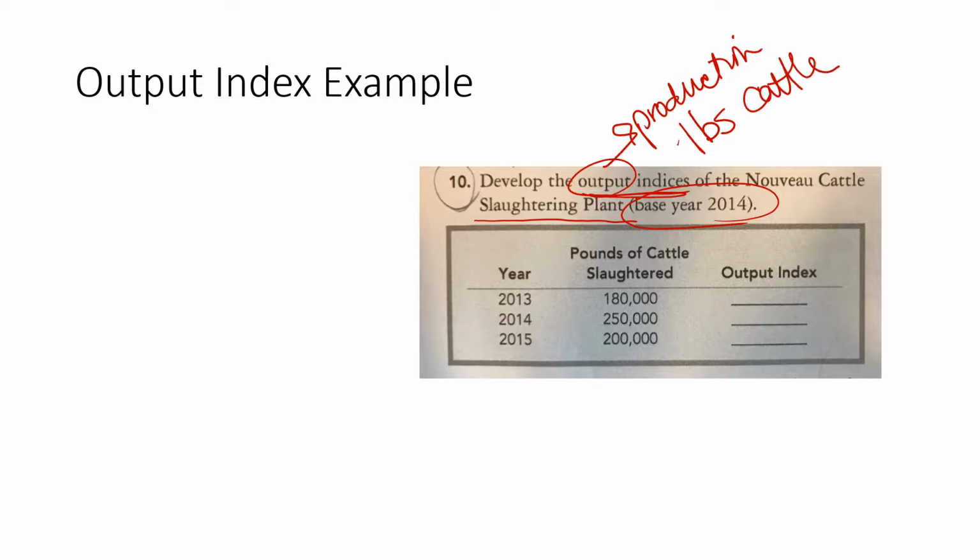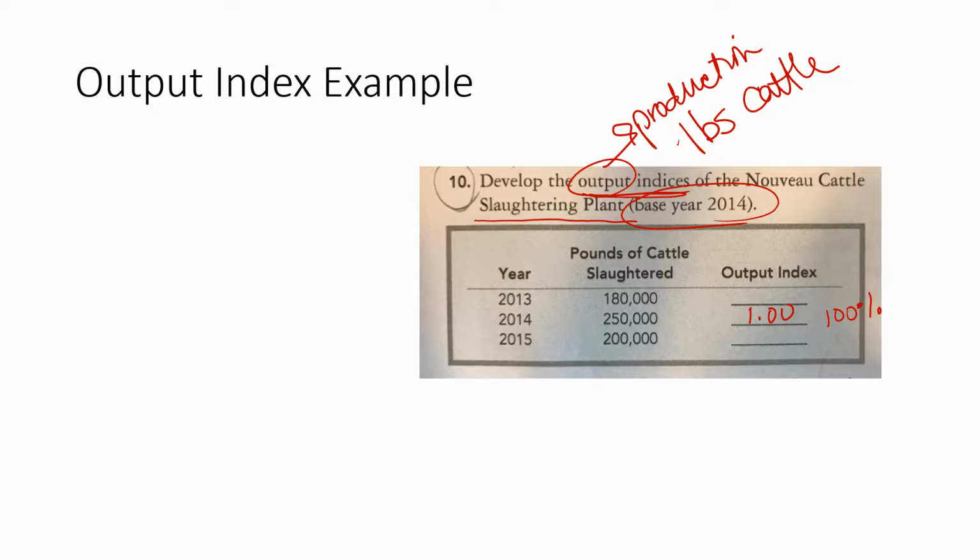So if our base year is 2014, we automatically know that our output index is 1.00. Okay, I would also accept 100%. So if you're doing it in a decimal, just leave the percent off, and if you change it to percent, multiply it times 100 and put the percent on there.